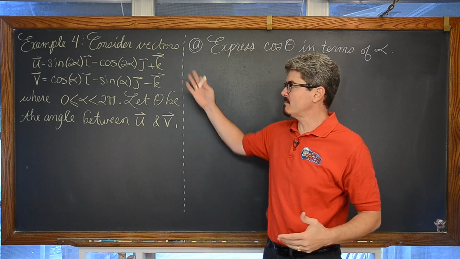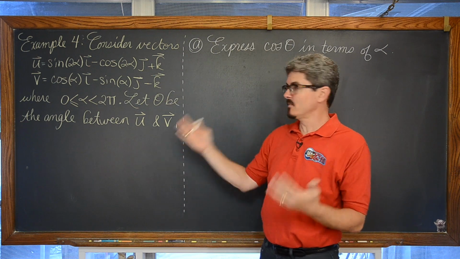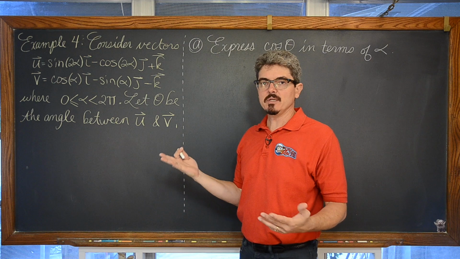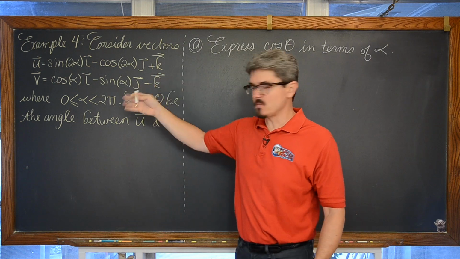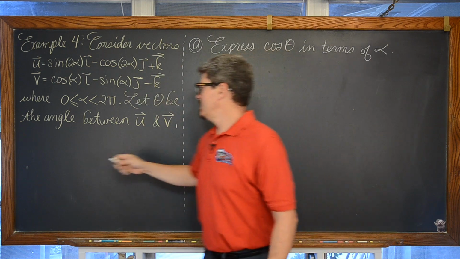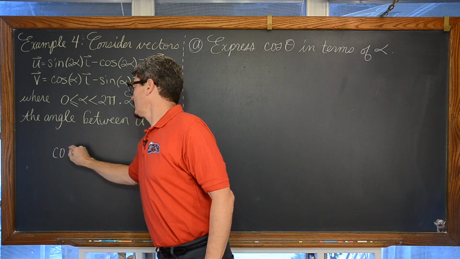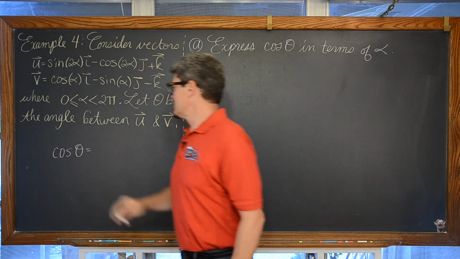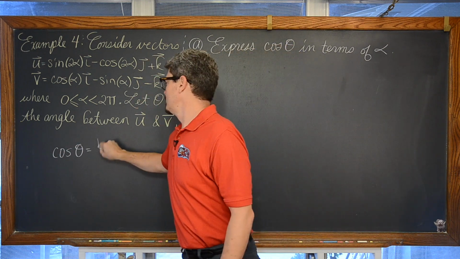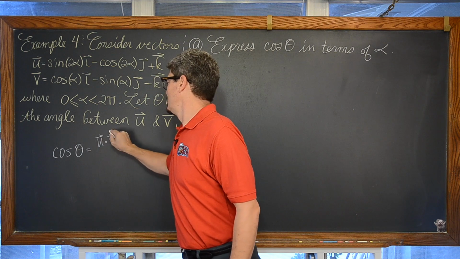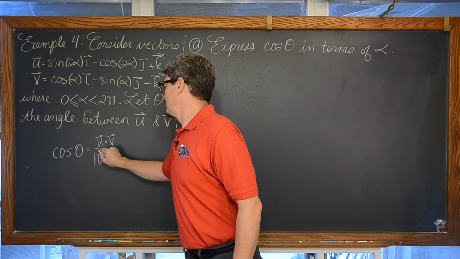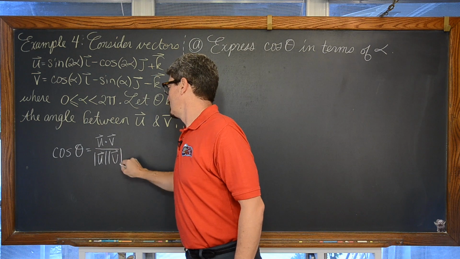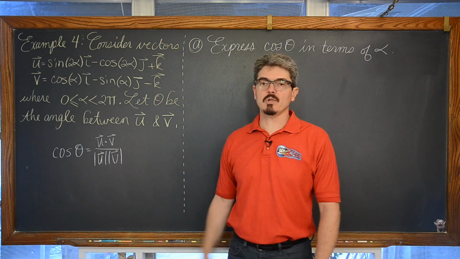Okay, so even though this is a much more complicated looking problem, let's just let the question tell us what we need to do. We have an angle between two vectors. So the cosine of theta is the dot product between our two vectors over the magnitude of those two vectors multiplied together.